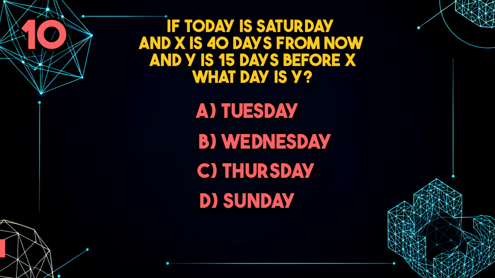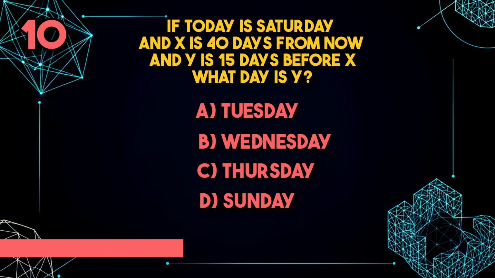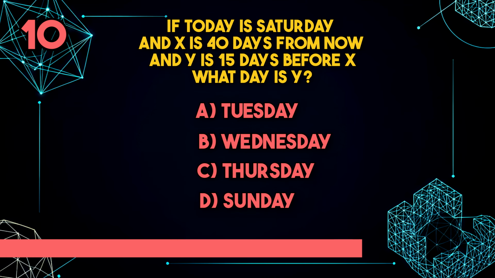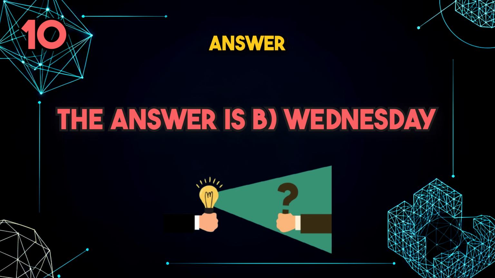If today is Saturday, and X is 40 days from now, and Y is 15 days before X, what day is Y? The answer is B, Wednesday.